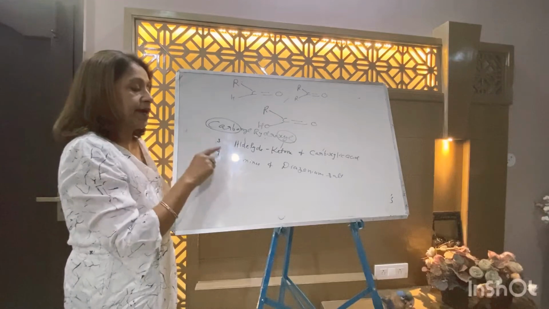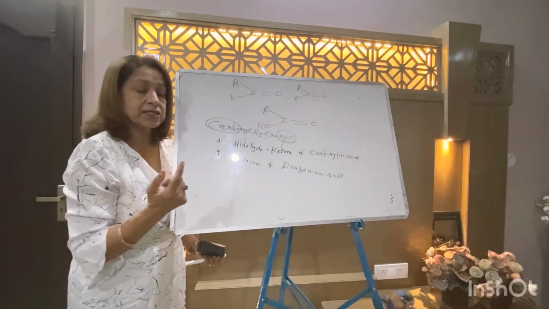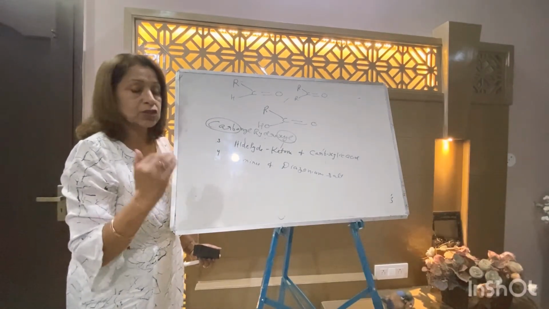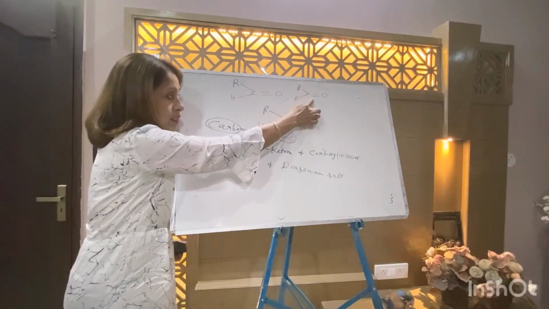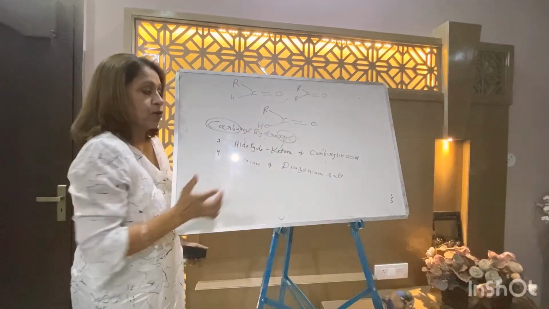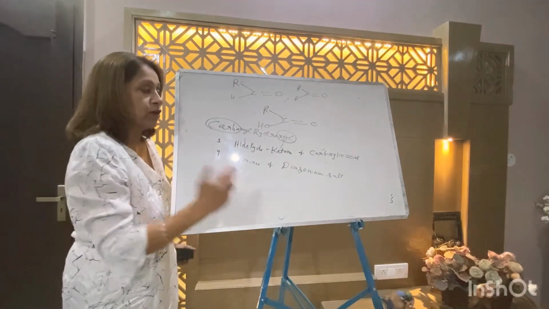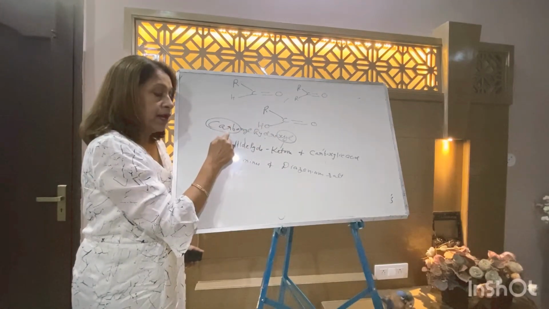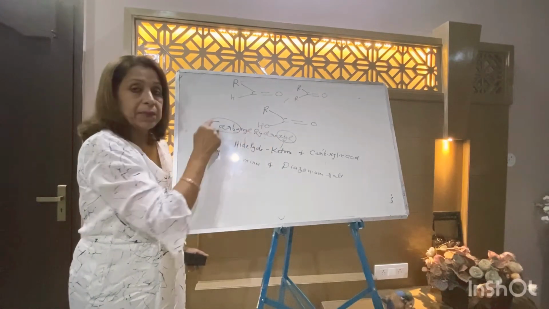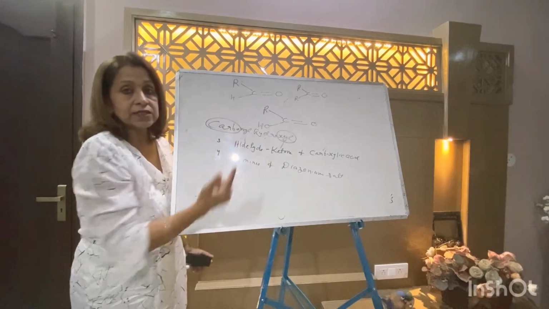All aldehyde, ketone and carboxylic acid have one common functional group, that is carbonyl, C double bond O.